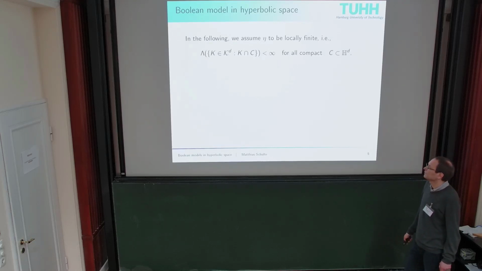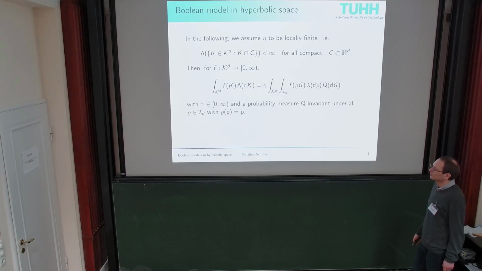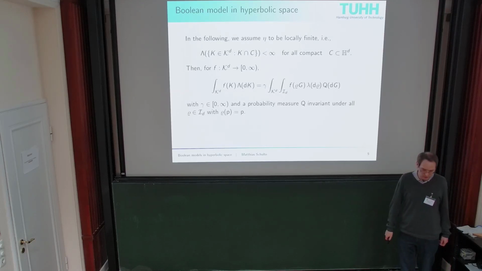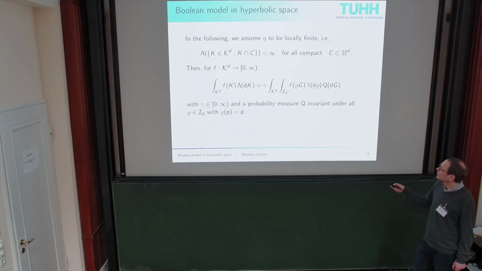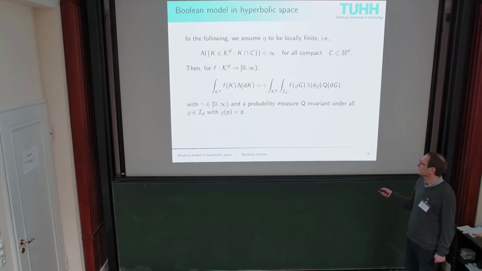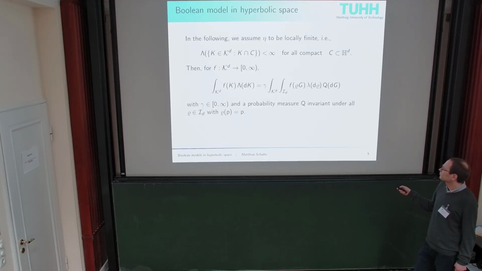And if this assumption is satisfied, we have some alternative representation for our intensity measure lambda, which you can see here. Namely, there exists a probability measure Q, such that we have this identity.